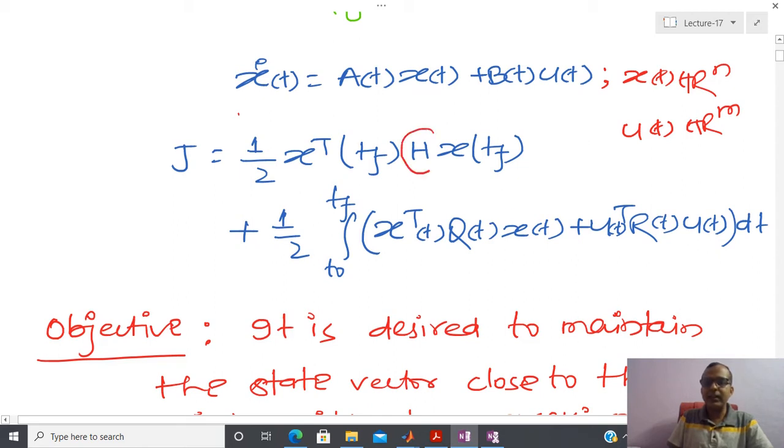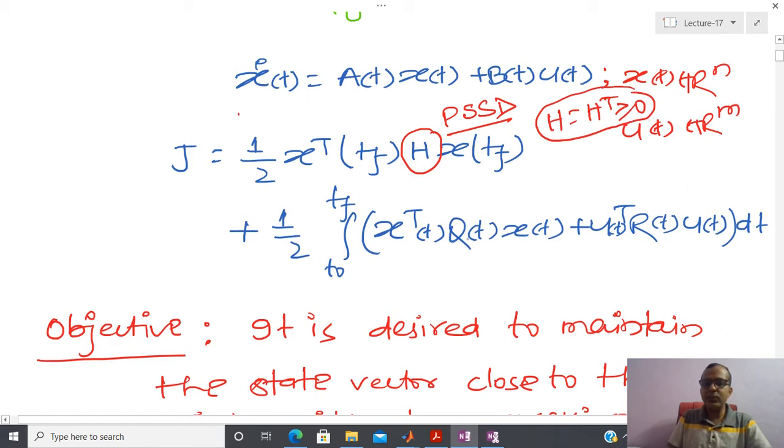Here H is a constant, positive symmetric semi-definite matrix. So H equal to H transpose, and we are using this kind of notation.